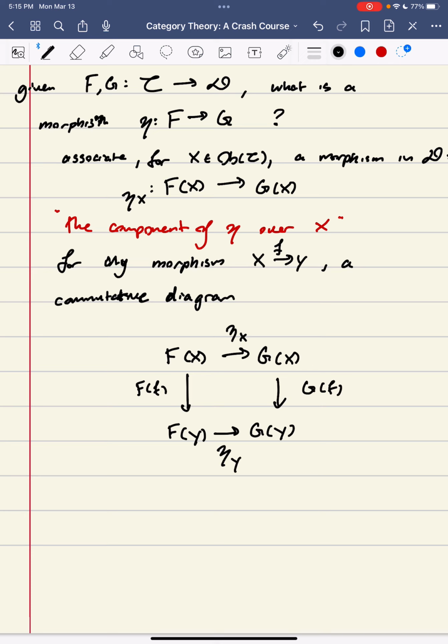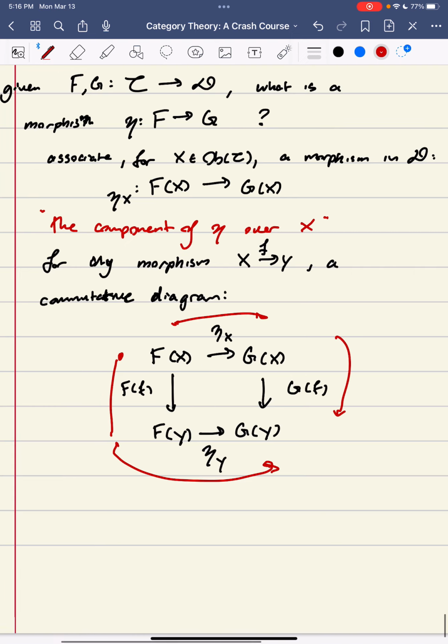So what I require for a morphism between functors is that this diagram always commutes. So you could start over here and then apply big F of f and then apply eta sub y, or you could go from F of x to G of x and then G of x to G of y.